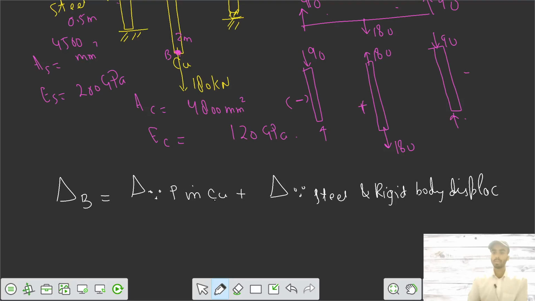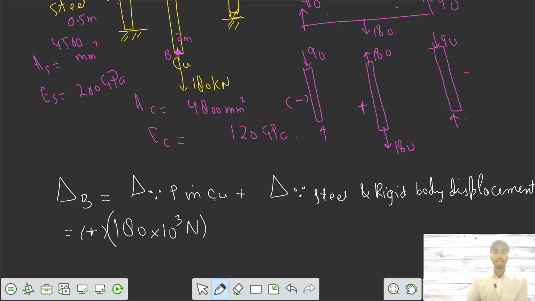Rigid body displacement. So your delta because of P in copper is the tensile force, so it is P, 180 kilonewton. I would write it as 180 times 10 to the power 3 Newton.